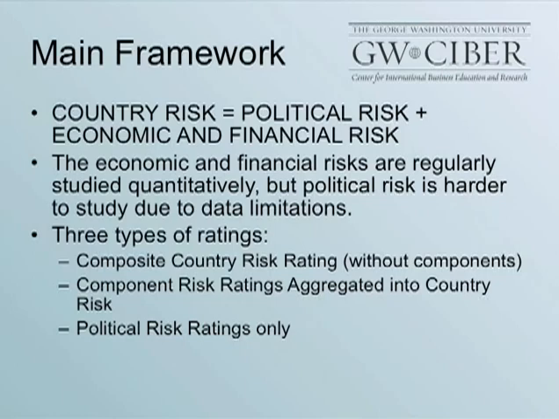Secondly, component risk rating analysis aggregated into country risk, so that we'll start with smaller building blocks and then add them up at the end. And finally, institutions and agencies that think about political risk ratings only, and possibly to their detriment, because political risk is related to the economic and financial risk.